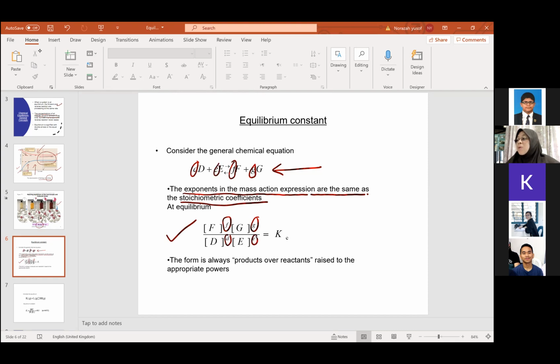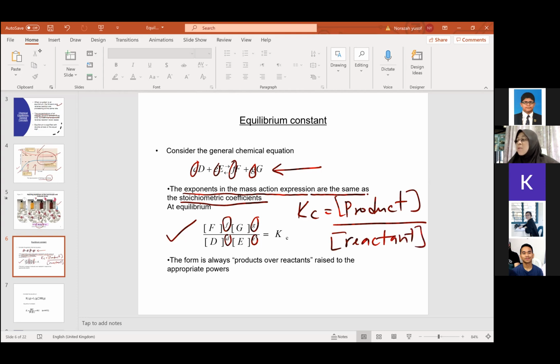So Kc for the forward reaction is the concentration of product, you can see product F and G, over the concentration of reactant.